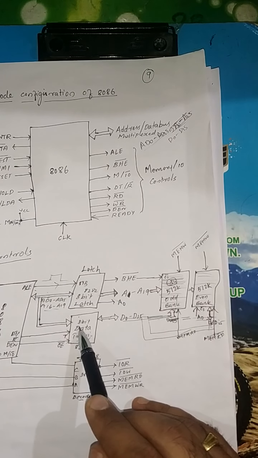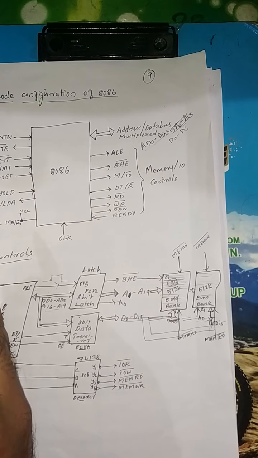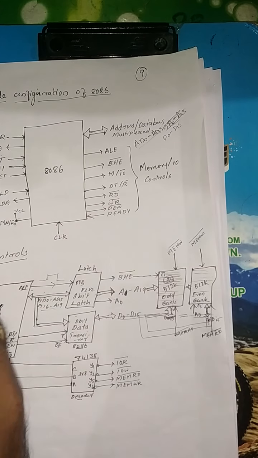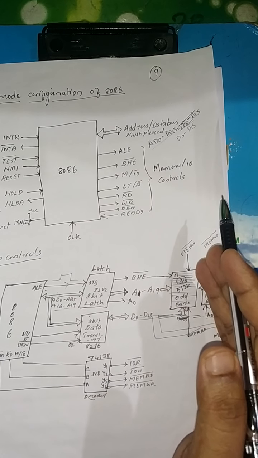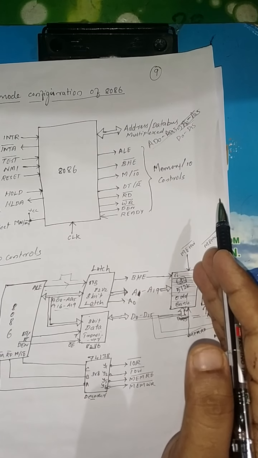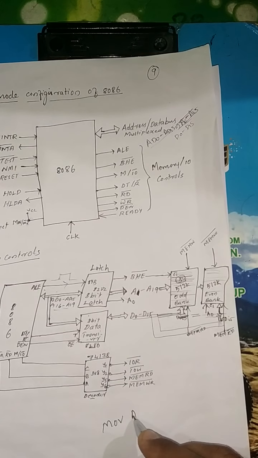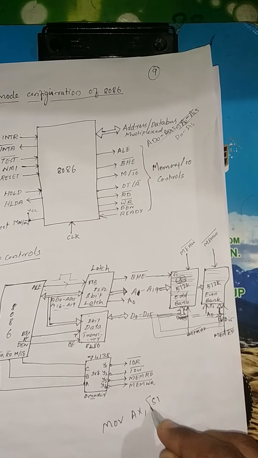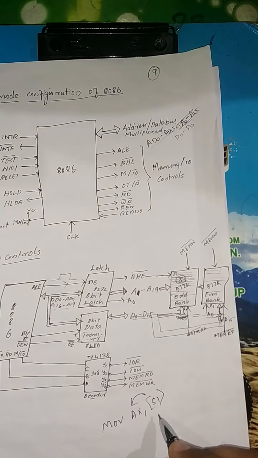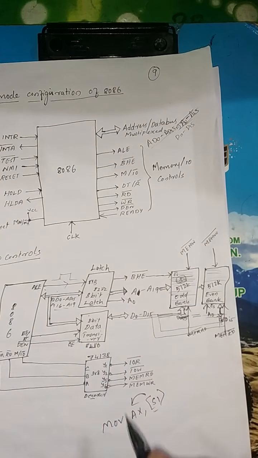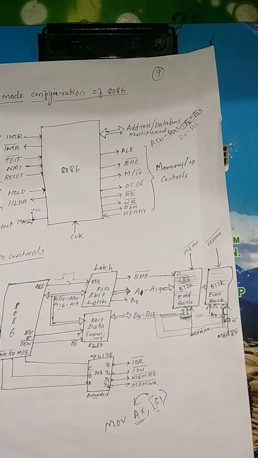Next, let's see what is the use of DT/R bar. Data can be transferred from memory to microprocessor, or from microprocessor to memory. It depends on which instruction is executed. For example, if you are executing the instruction MOV AX, [SI], data is transferring from the memory pointed by SI to the AX register, so from memory to 8086.